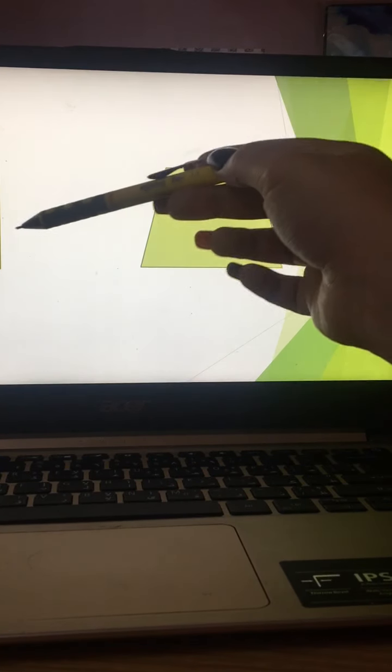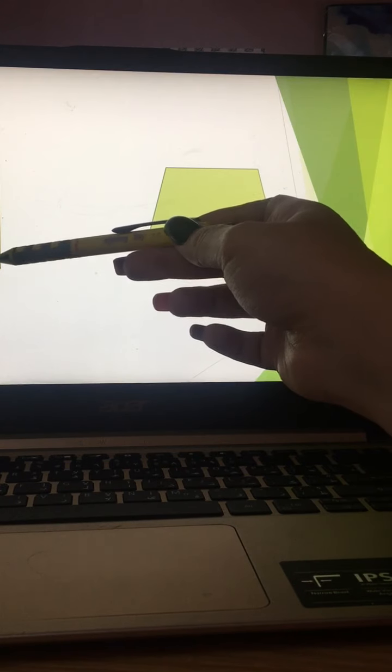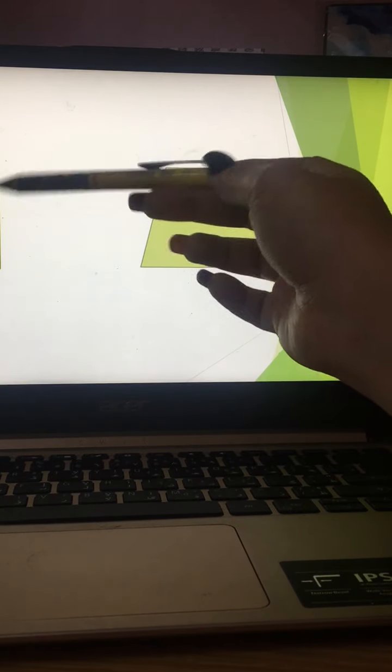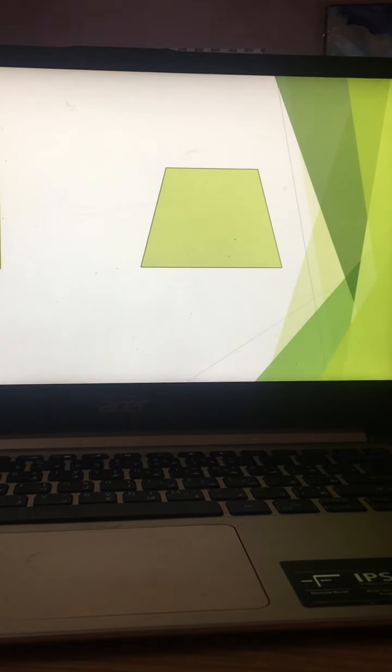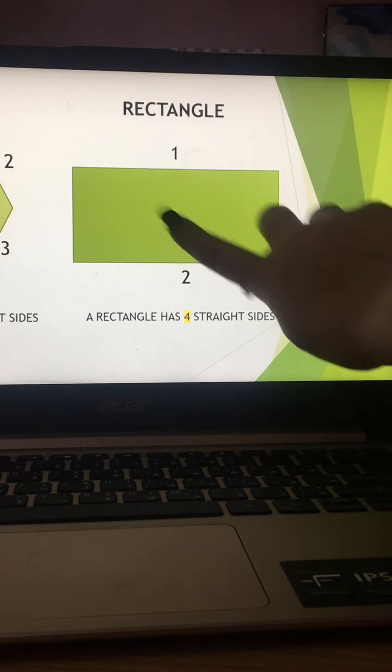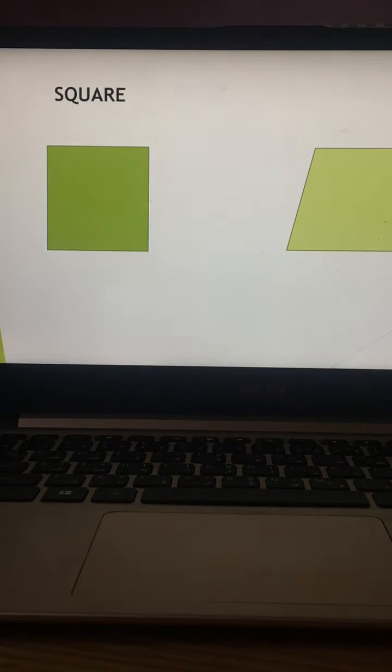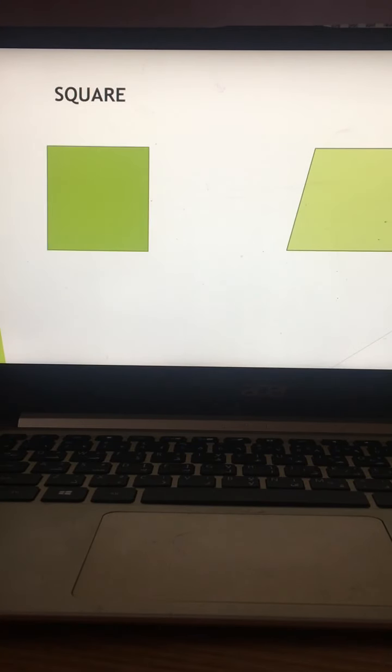I think you already saw this shape in our previous session, so you already have an idea about this shape, as well as the rectangle. So the square is this one. This is how a square looks like.